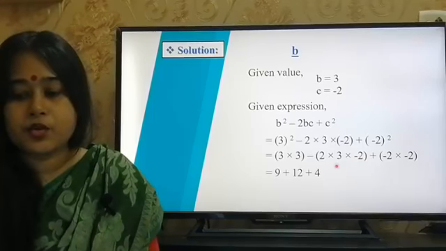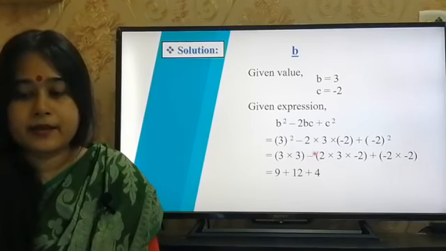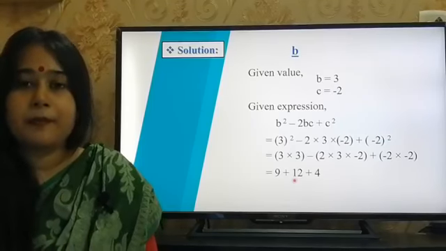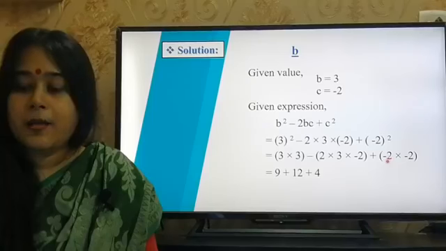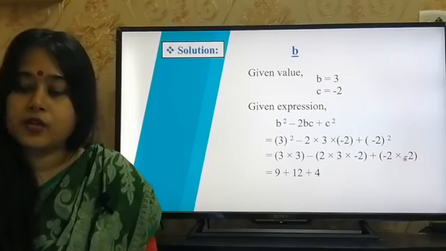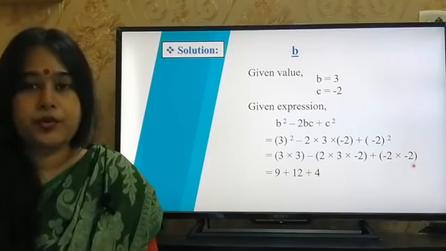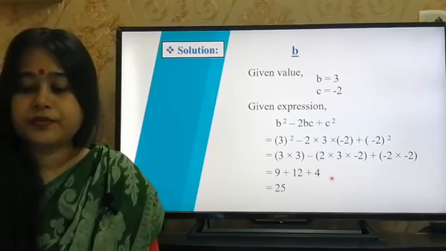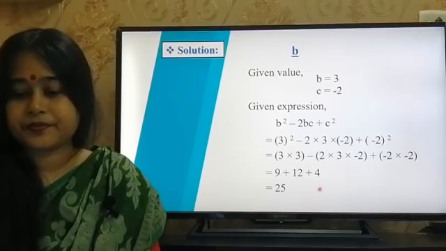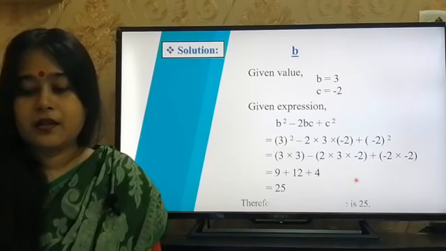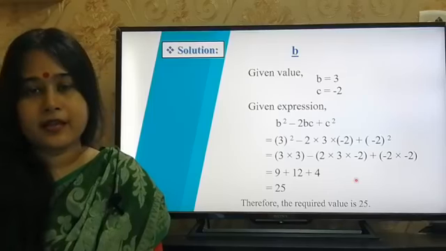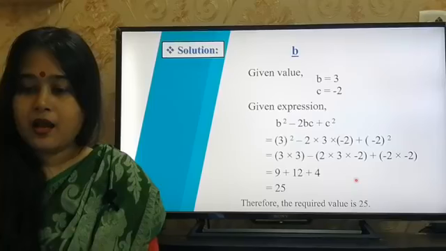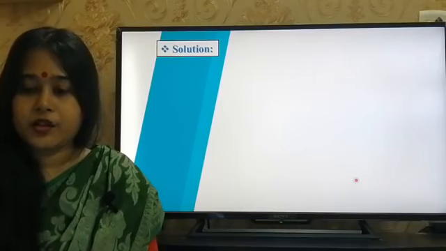And whenever we have minus 12 into minus, then minus into minus we have plus, so we have plus 12 here. Minus 2 into minus 2, that means minus into minus we got plus. 2 into 2 we have 4, so plus 4. 9 plus 12 plus 4, that is 25. So our required value is 25. This is the solution of question number B. Okay, let's see the solution of C.